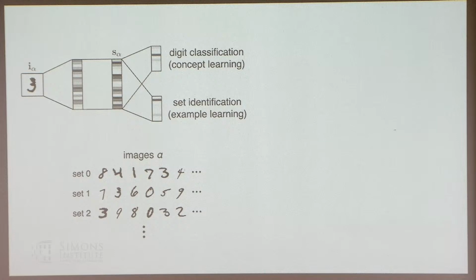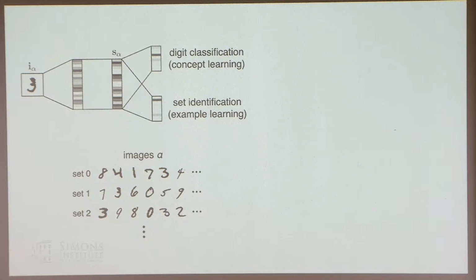But we also augment this MNIST dataset with an additional label. This is a set label that is just randomly assigned to each image. So there could be 100 or 10 sets. And we asked the network to do both digit classification and set identification. To do the former, it has to appreciate the similarities, for example, between this 3 and other 3s.